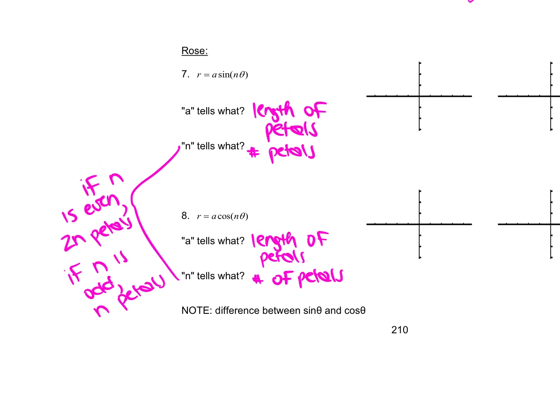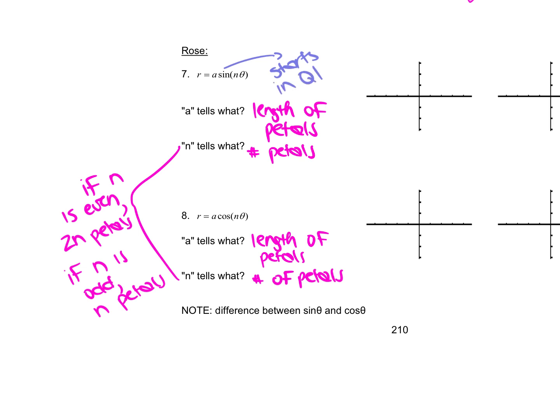All right. And then other things. One more thing about this before we do some examples of them. If it is a sine rose curve, it starts in quadrant 1.